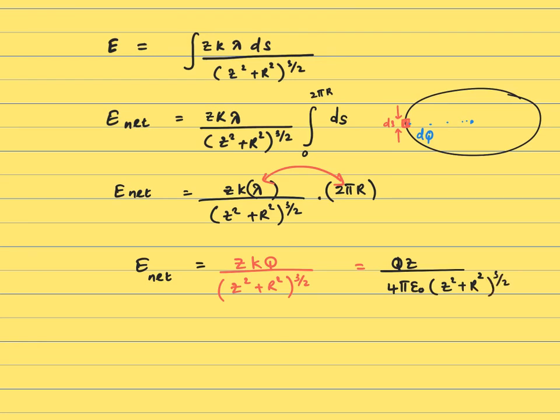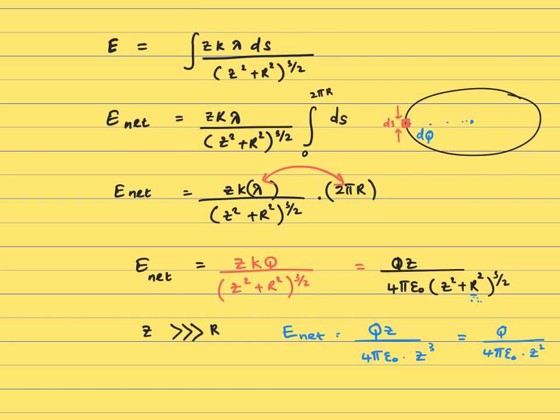Now if you are looking at a very large z compared to r, then the r in the denominator goes away, leaving you with E net equals q z over 4 pi epsilon naught z to the power 3. Taking care of the power, that gives you the final answer, q over 4 pi epsilon naught z square.